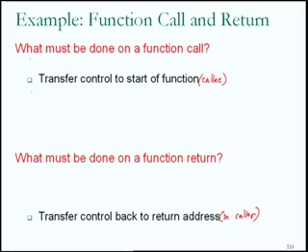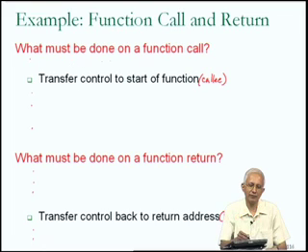Many different other steps are going to pop up here as we understand what the steps are. One of the early steps in doing the function call is the need to transfer control to the start of the function. There may be one or two steps before that, which is why I've left a gap over here, and obviously several steps after that, which is why I've left gaps over here.